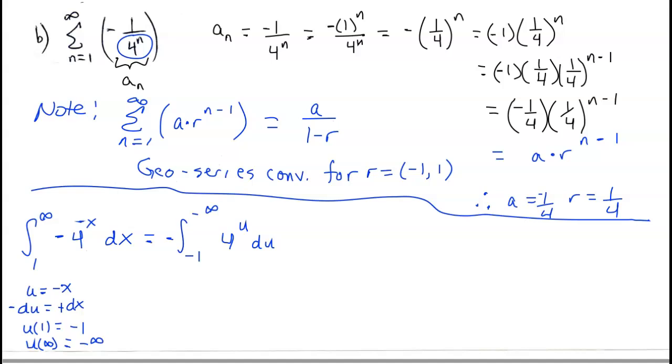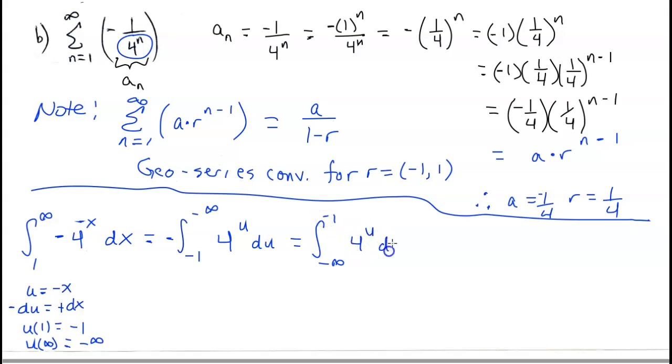Okay. And so here we know the limits of integration are out of order. So we would have to multiply times a negative 1 to get them back in order. And that's what this would be here.